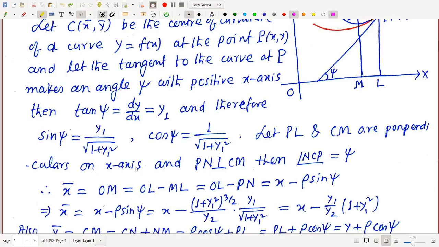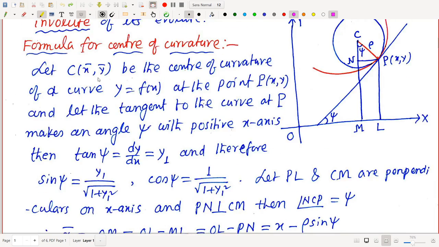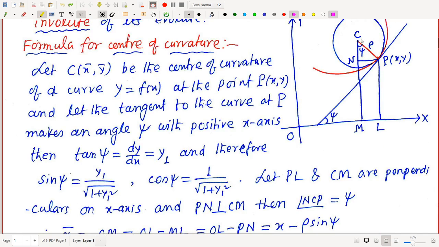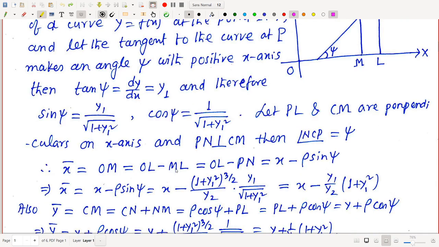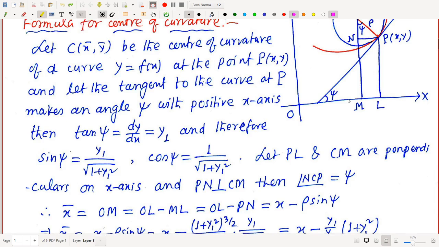Okay, now we want to find the values of x bar and y bar, the coordinates of the center of curvature. So x bar is OM, the x-coordinate of C. We can write OM as OL minus ML. ML is equal to PN, obviously, and OL is x because the coordinates of P are (x, y).